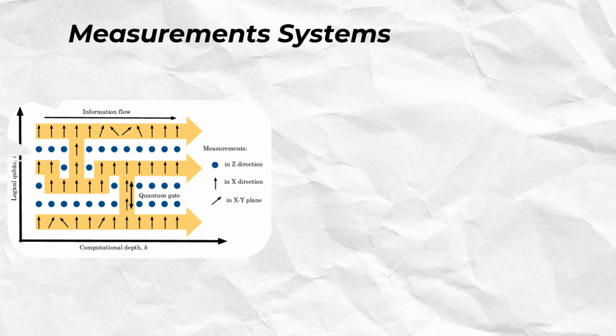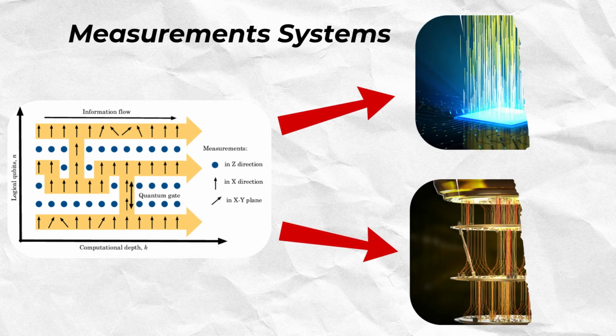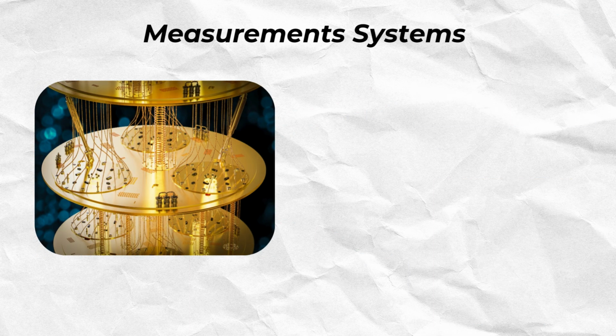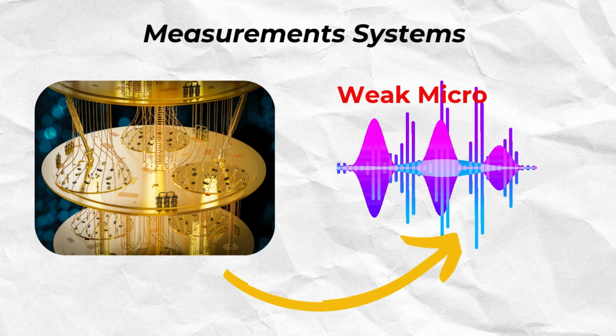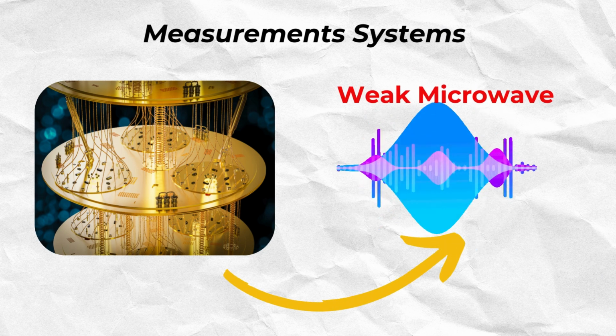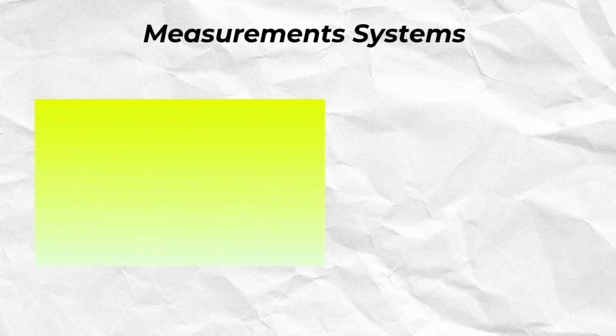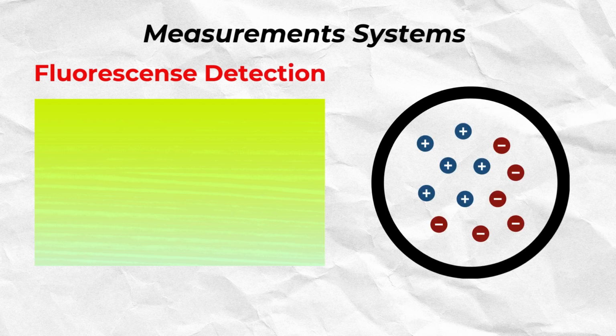The measurement system must be able to accurately determine this final state for each qubit involved in the computation without disturbing them prematurely. For superconducting qubits, this often involves sending a weak microwave signal to resonate with the qubit and detecting the phase or amplitude shift of the reflected signal. For other qubit types, techniques like fluorescence detection for trapped ions are used.